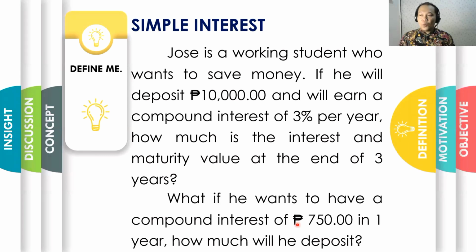Moreover, what if he wants to have a compound interest of 750 in 1 year? How much will he deposit?